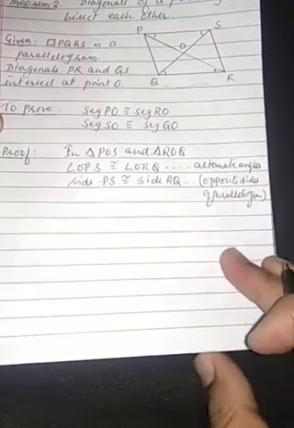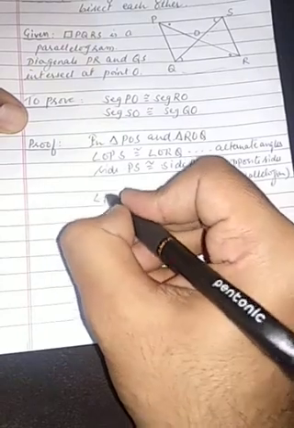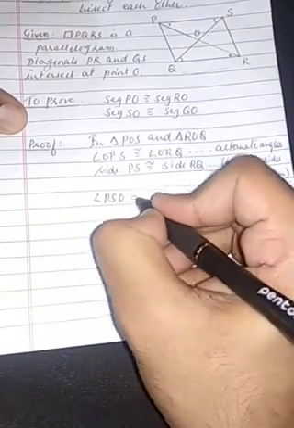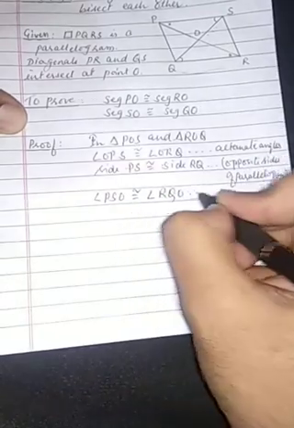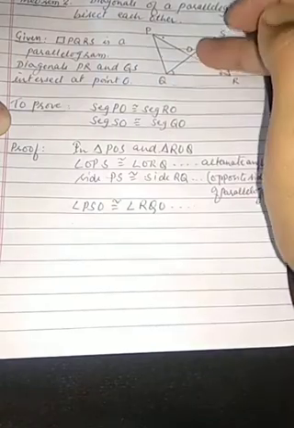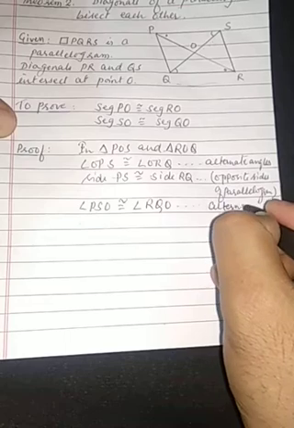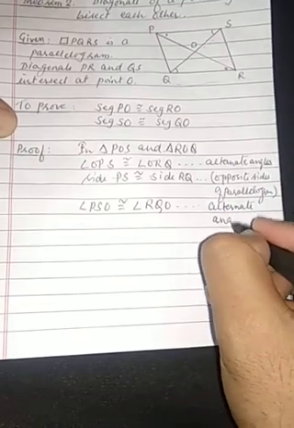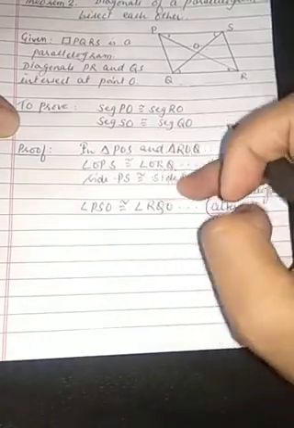Is it clear? And you have also angle PSO congruent to angle RQO. Again the same reason. You can see here this is an alternate angle, and these are parallel lines, so you can write again alternate angles. Is it clear? So you have two angles and one included side.